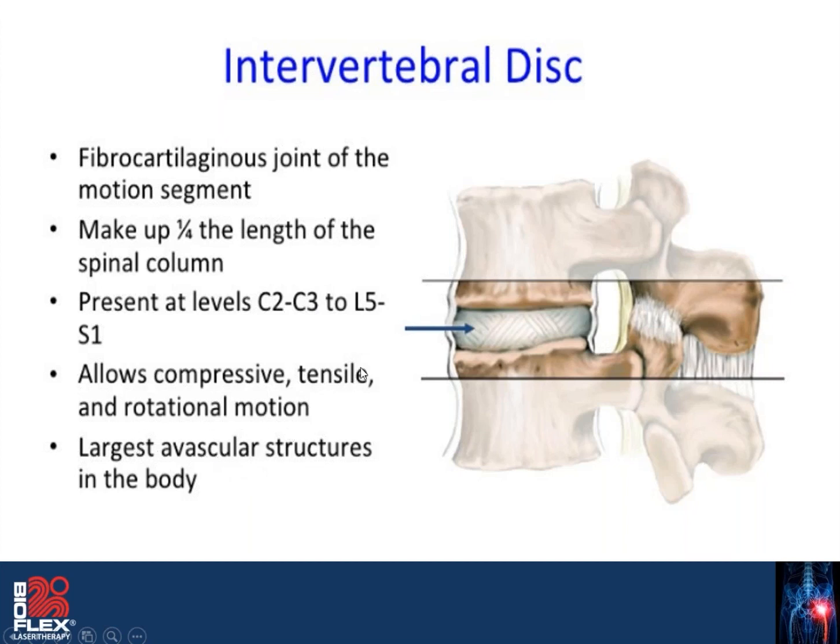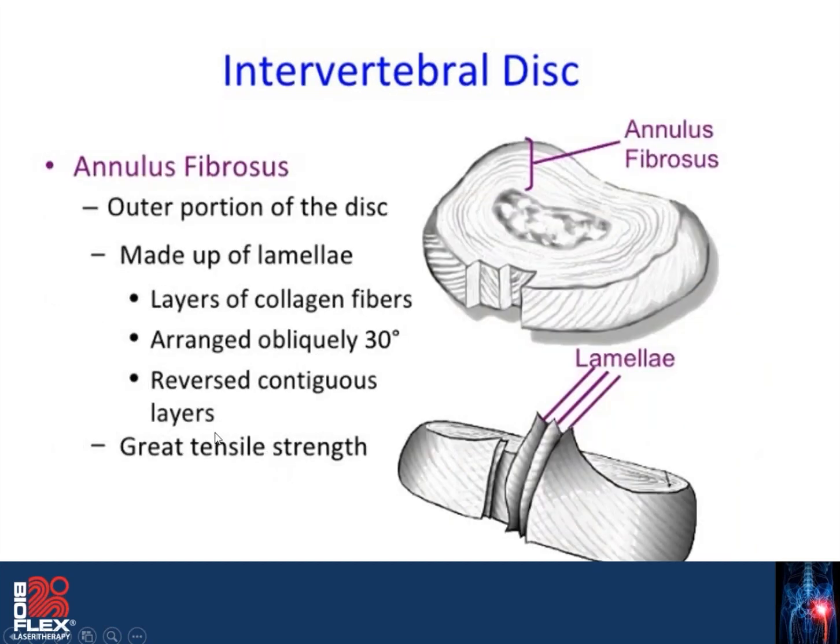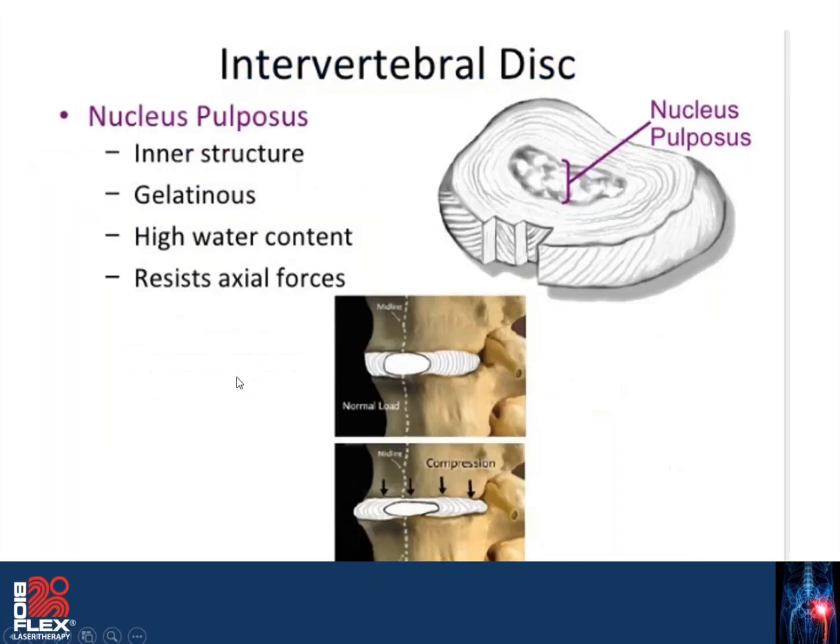And it's the largest avascular structure in the human body. So in other words, it doesn't have direct blood supply, makes it very challenging to heal, especially heal quickly. It consists of an annulus fibrosus, an outer portion, which has lamellae of collagen. They're arranged at different degrees, orientation obliquely, and it has contiguous layers, giving it great tensile strength.